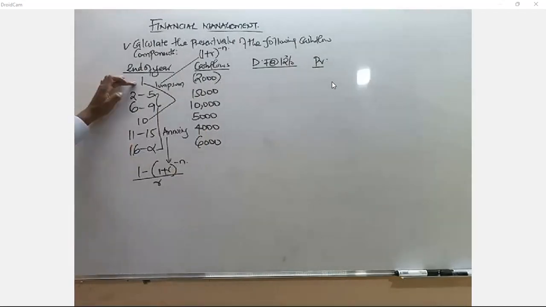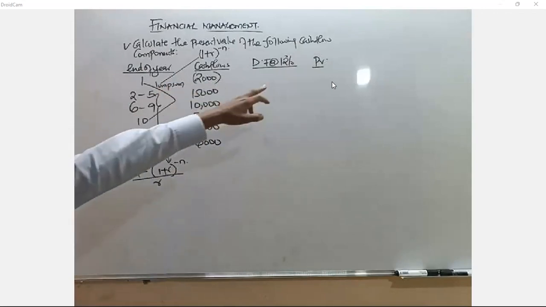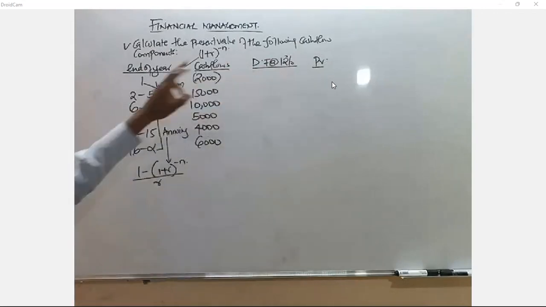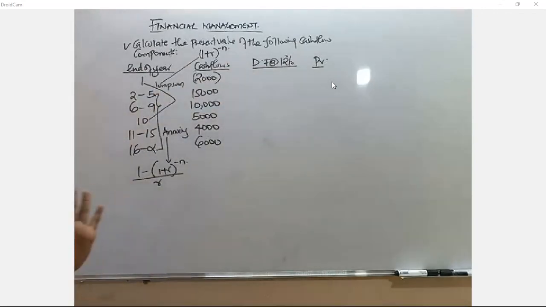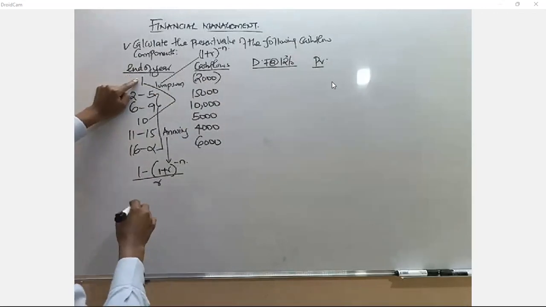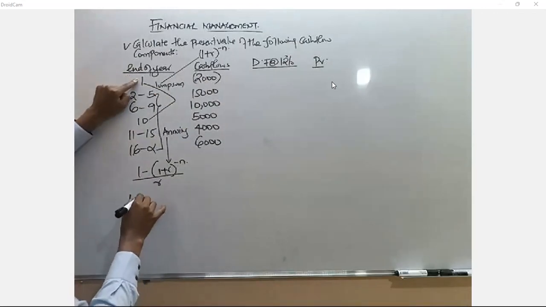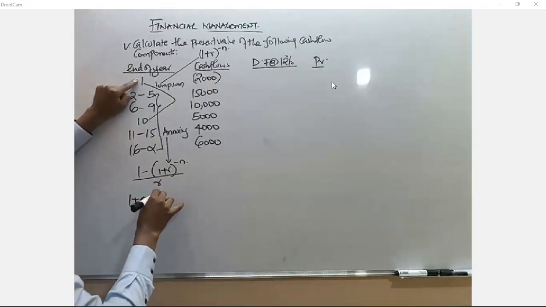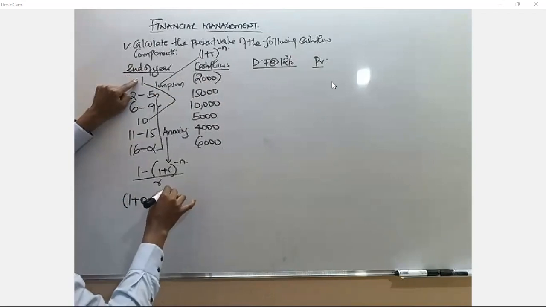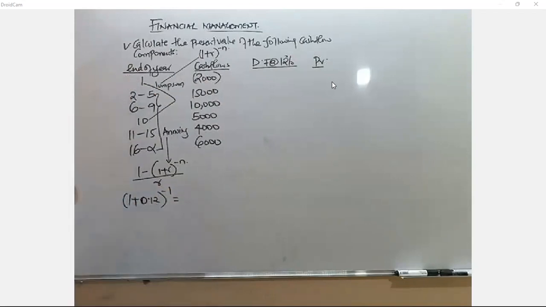Let us start with year 1. Our rate is 12%, and here is year 1. Don't tell me year 2, year what. It is year 1, because we are starting with year 1. So it will be 1 plus rate, our rate is 0.12, raised to negative 1. That amount is going to be received only once, or incurred only once at the beginning of the period.